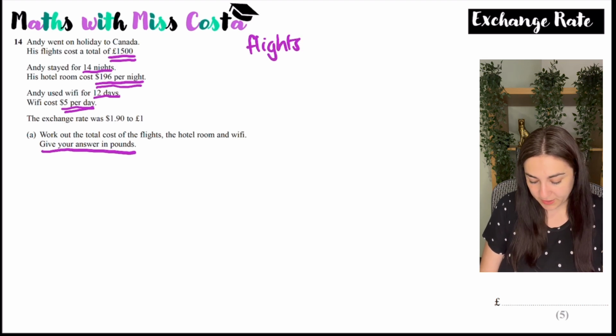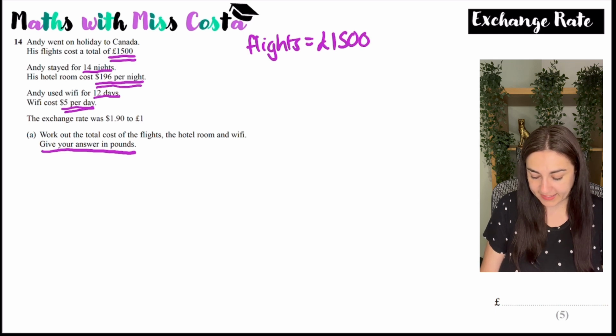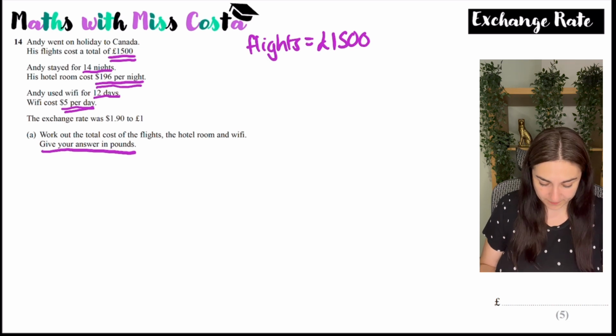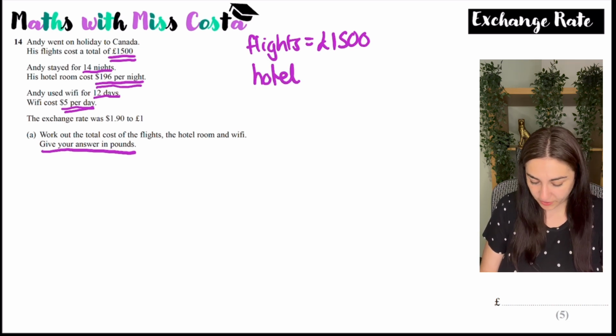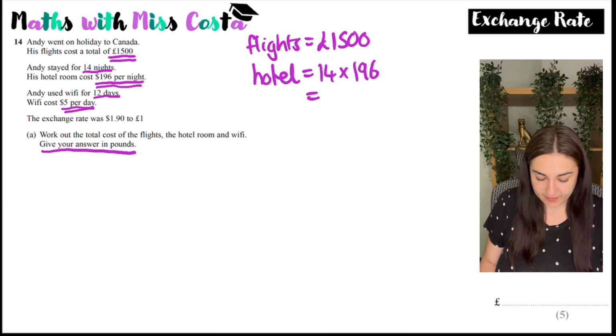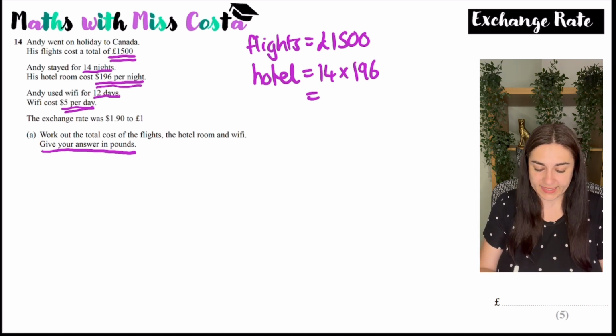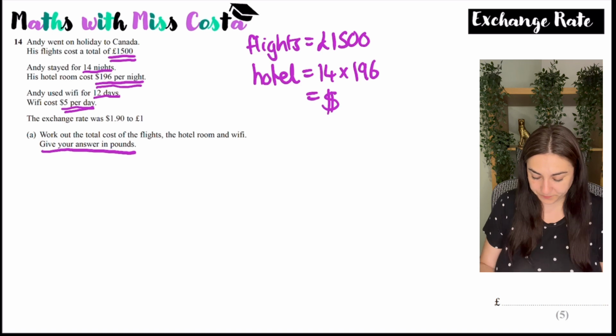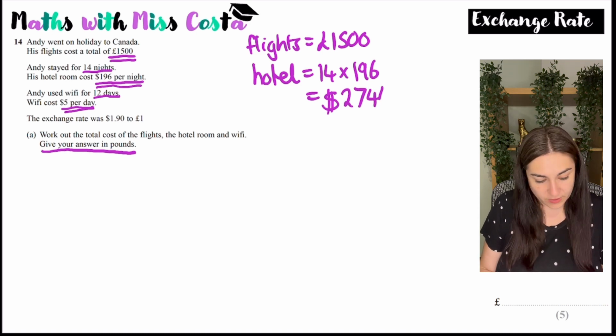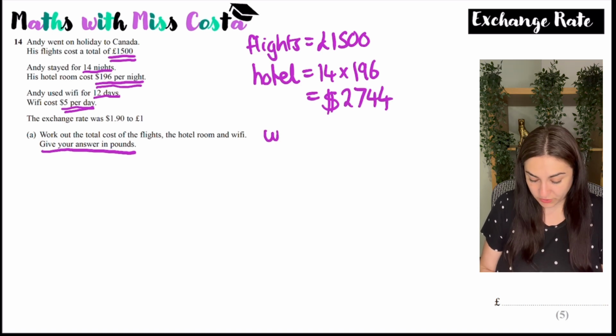Okay, so I know that his flights were £1,500, so that's nice and easy. I don't need to do anything there. Then what I want to do is work out the total cost of his hotel. So his hotel room is 14 times by 196, because each night cost $196 and he stayed there for 14 nights. So that would be $2,744.